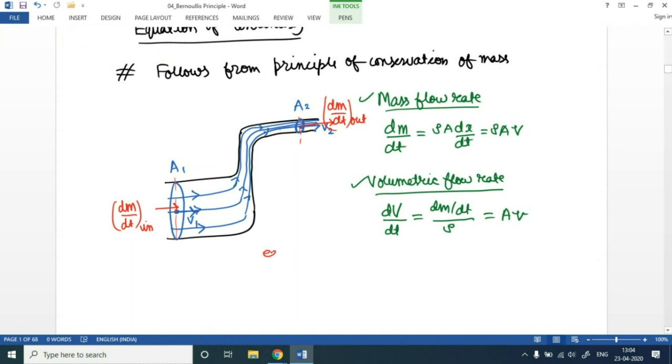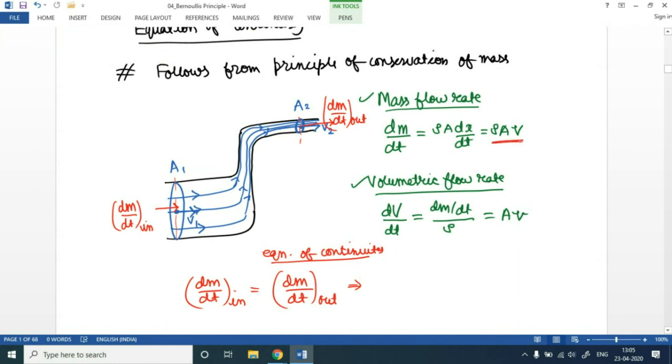This is basically the equation of continuity, and it simply says that dm by dt in is going to be equal to dm by dt out. Since we already have the relationship dm by dt equal to rho A v, we can write rho A1 v1 must be equal to rho A2 v2.